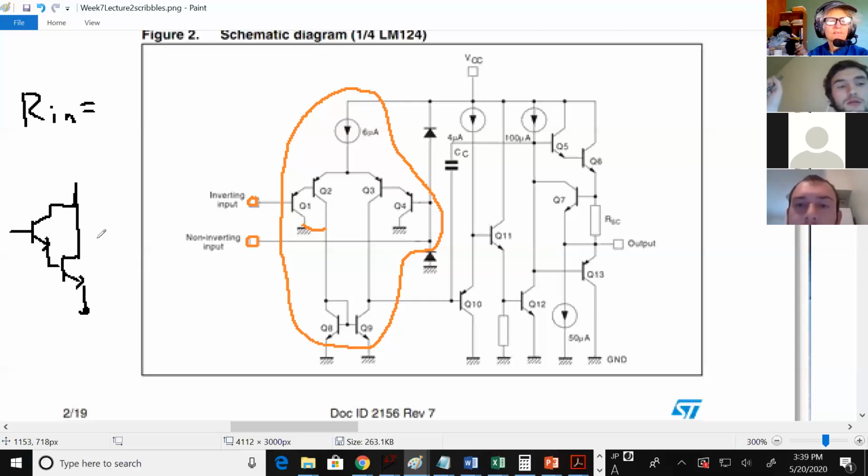R pi 1 plus R pi 2 times 1 plus beta. Yes, R pi 2 times 1 plus beta.